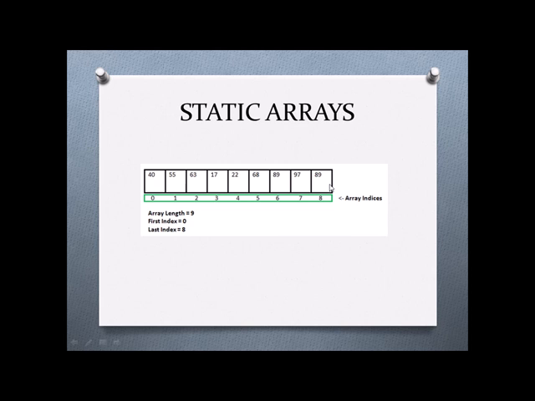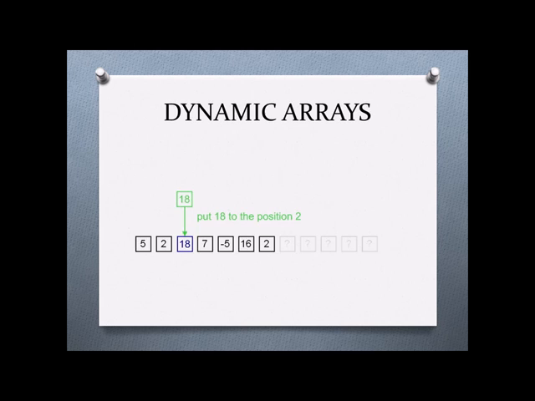Because of this problem that you can't add or remove values in static arrays, we have dynamic arrays. The good thing about dynamic arrays is you can store as many values as you want without defining any fixed size.